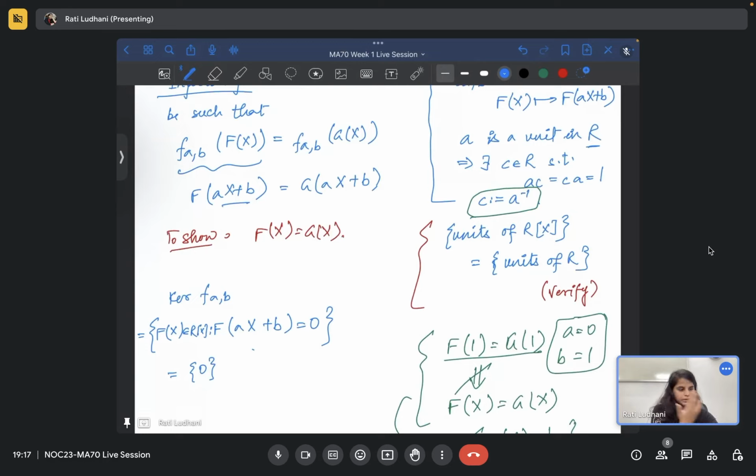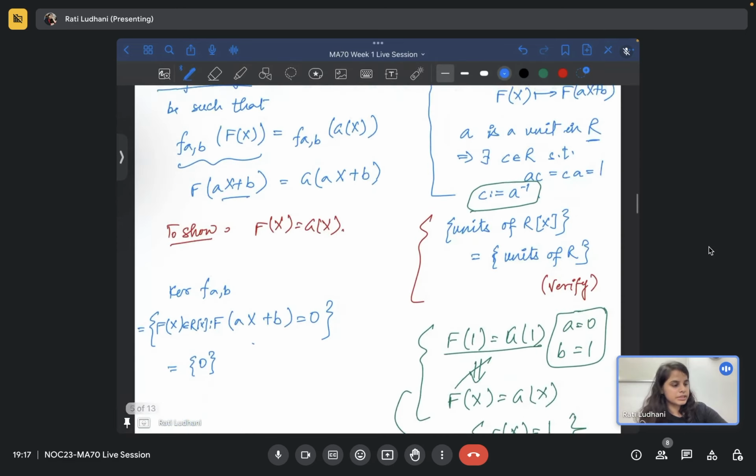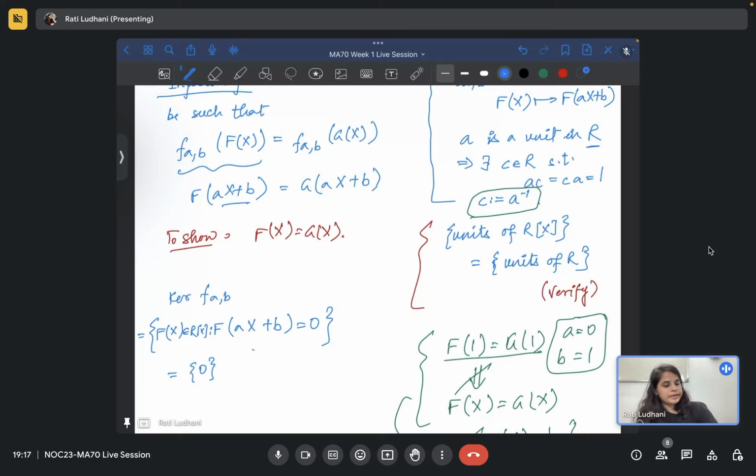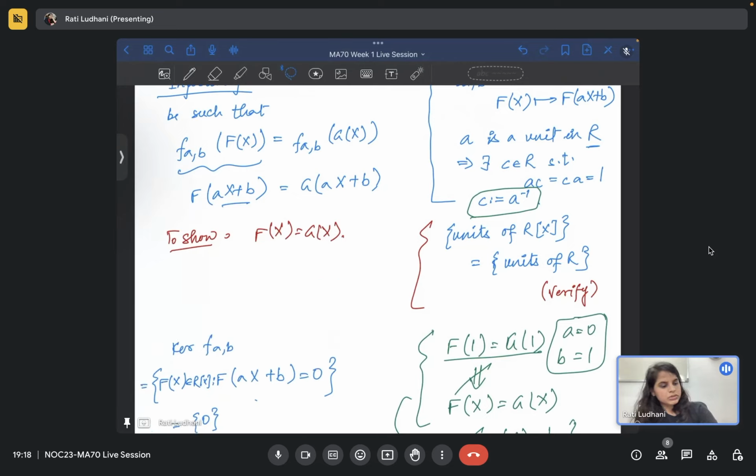Yes, ma'am. Yeah, I can give another argument also. So this is one way. Also, what you can do, a is invertible, so just think about it. If you have this thing, you know what the composition of two functions is.